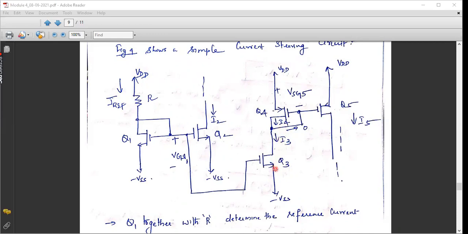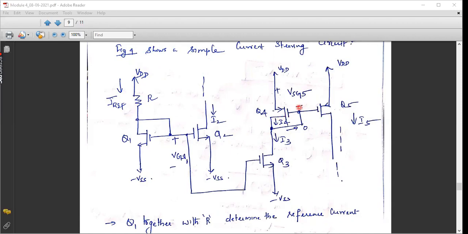Why? Because I have connected the transistors Q3 and Q4 together, and they are shorted by their drain terminals, and the source terminals are connected to the common supply voltage. Now, since this is a P MOSFET, you know that the gate should be negative. The P channel MOSFET, so gate should be highly negative.